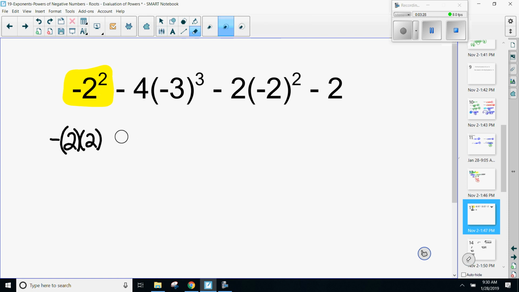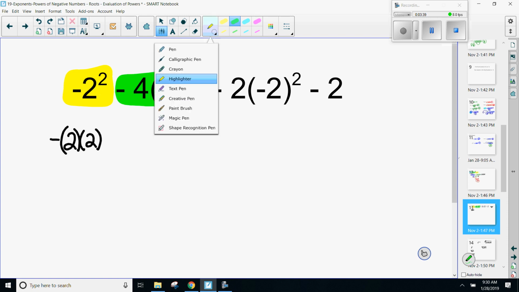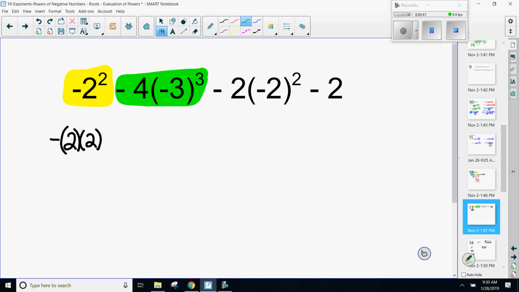Yeah, I should do that in a different color here. Okay, so then we look at the next term, which is right here. So in the next term, we have a negative 4, and what's being raised to the third power? Negative 3. So I have to put down negative 3 times negative 3 times negative 3.